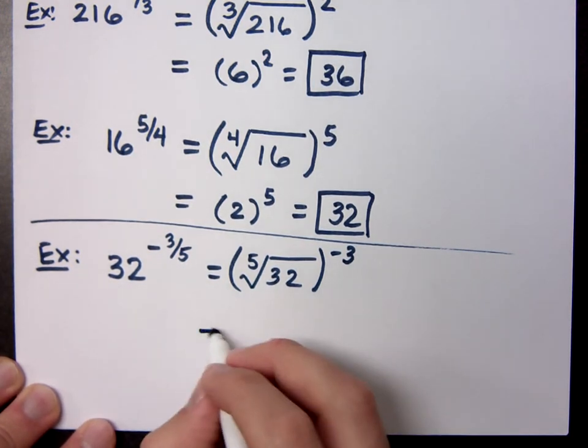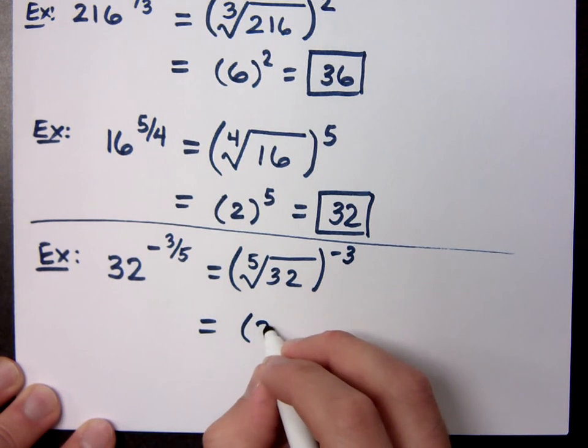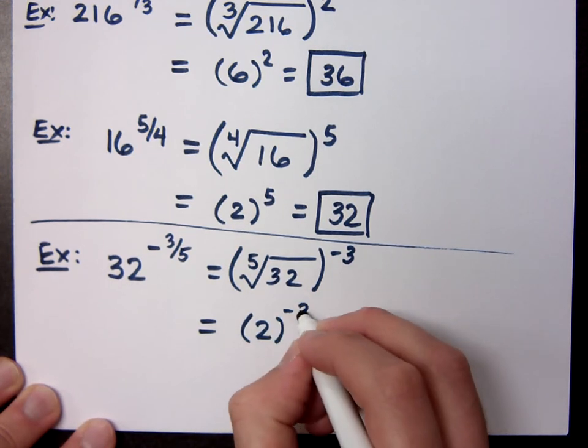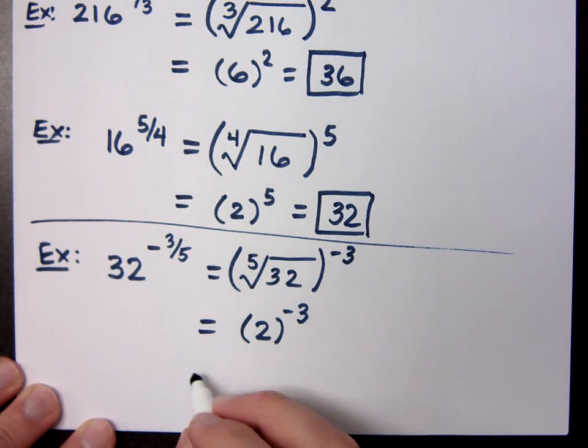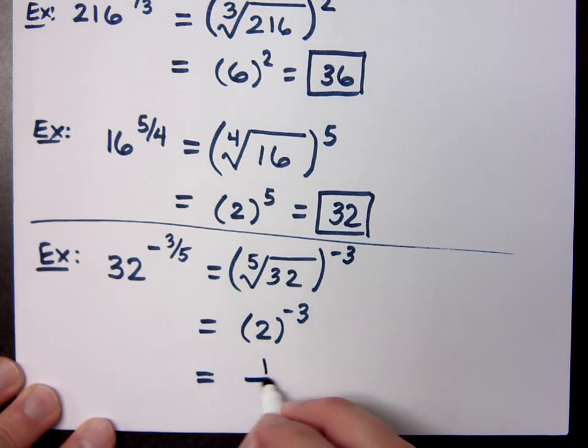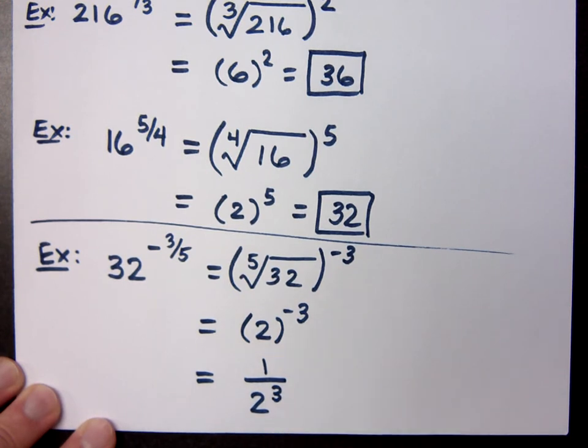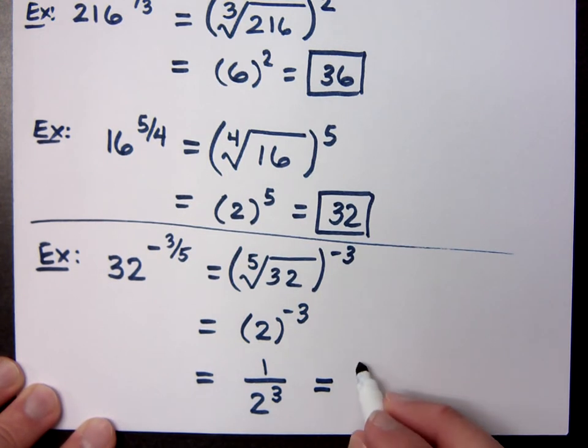What's the fifth root of 32? That's 2. Now, how do I work out 2 to the negative third? The right way is 1 over 2 to the third power. 2 to the third power is 8. So the answer is 1 over 8.